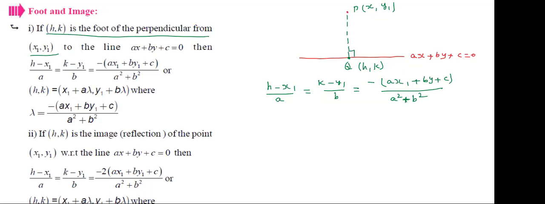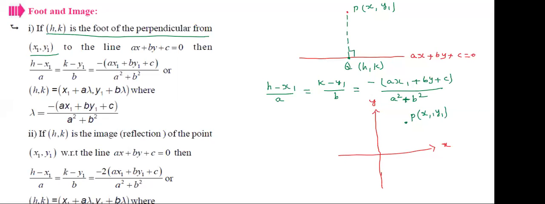This is the formula. Okay students, now I am going to discuss some properties here. This is the coordinate system, x-axis, this is y-axis. Now take one point P, x1 comma y1.